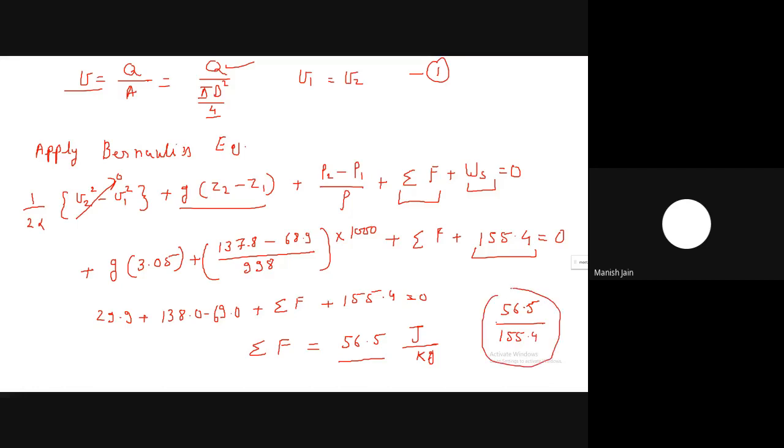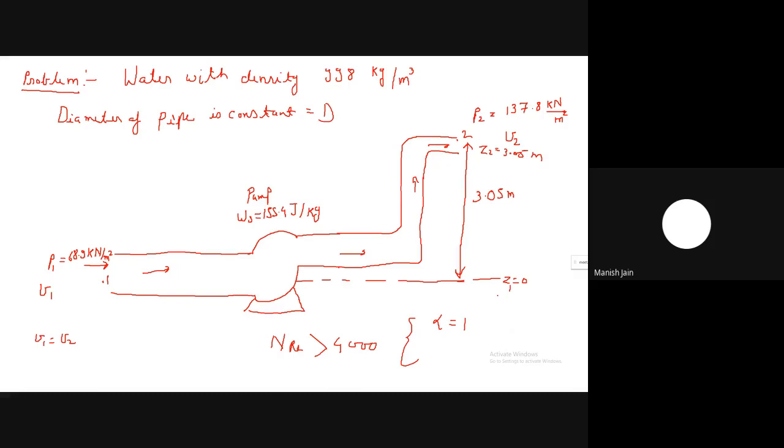It will give you the relative energy which is consumed due to the friction losses. So this is one type of problem which you can solve. You can calculate how much friction loss there is in the system by using the Bernoulli equation. Now we will solve the second problem.